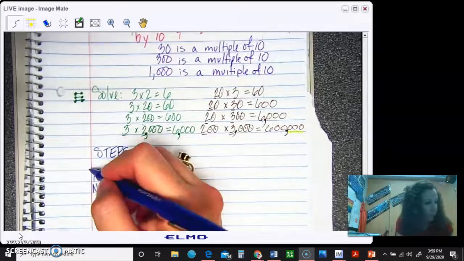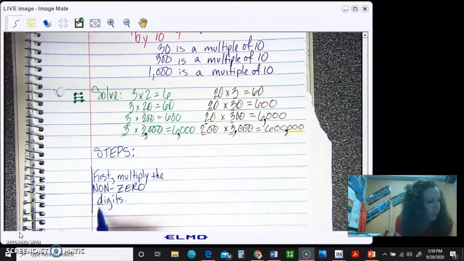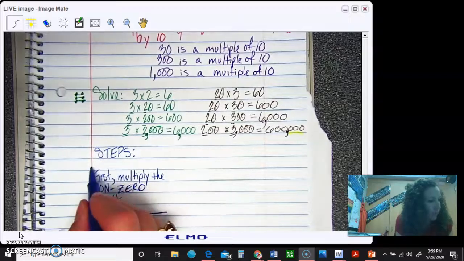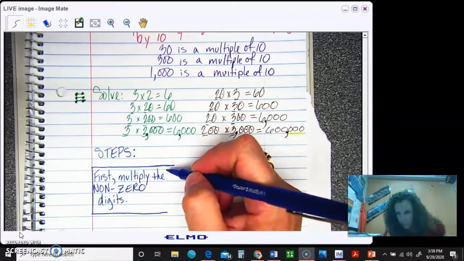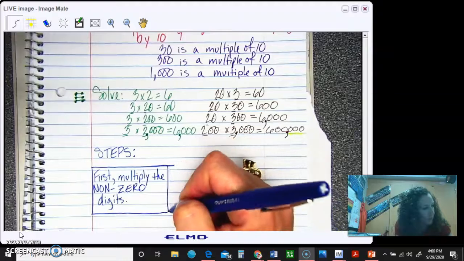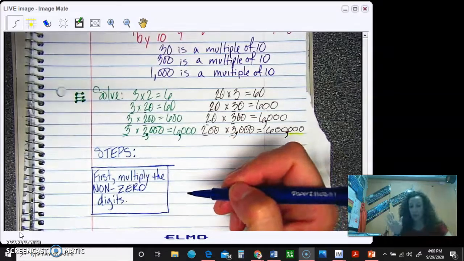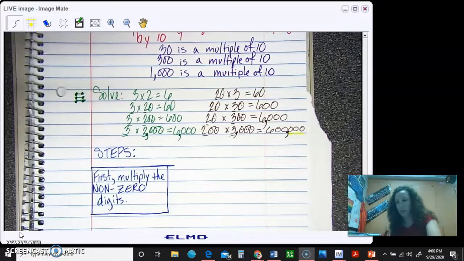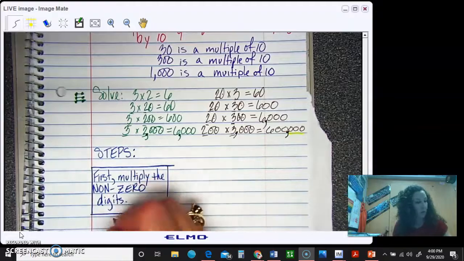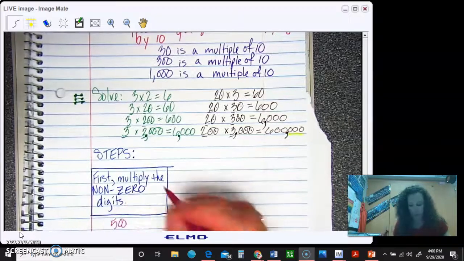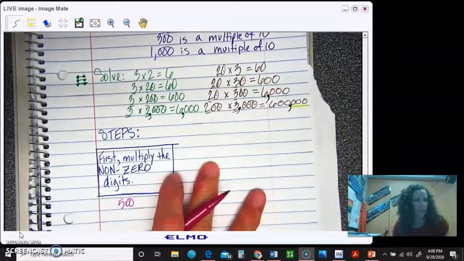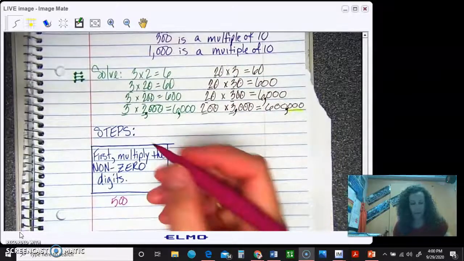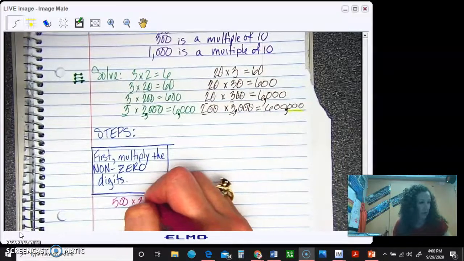Okay? Like I said, tons of steps. Get ready. So our example here is 500. Can you see that? Oh, just barely.